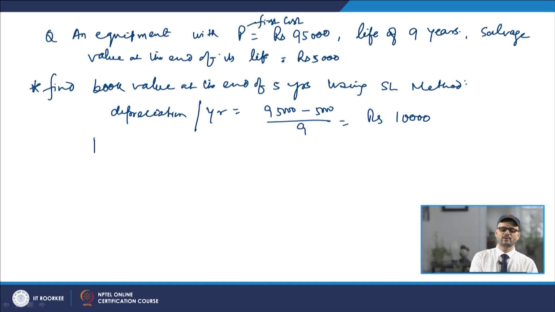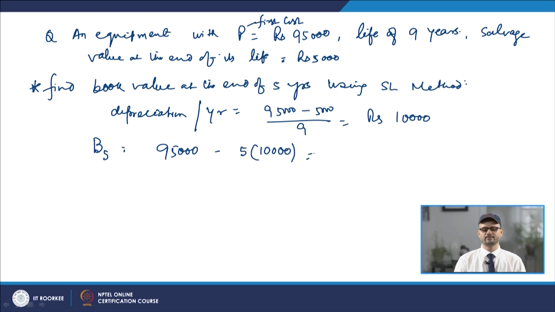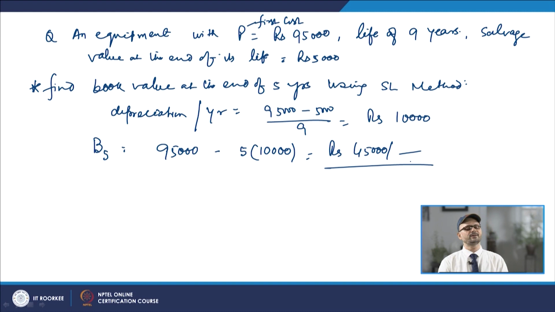The book value at the end of 5 years will be the first cost 95,000 minus 5 times the depreciation per year of 10,000, that is 95,000 minus 50,000, so rupees 45,000. This way you can calculate the book value at the end of 5 years.